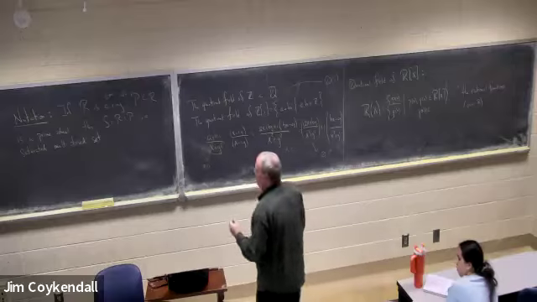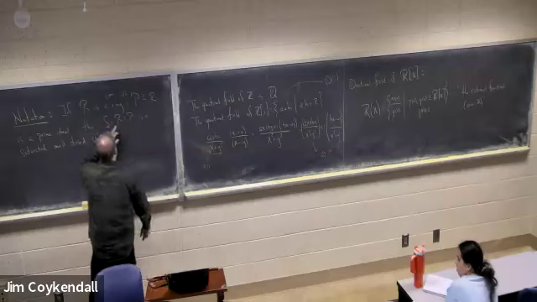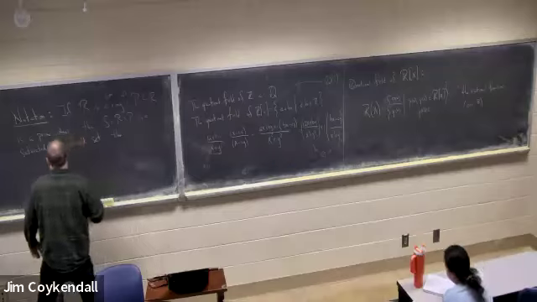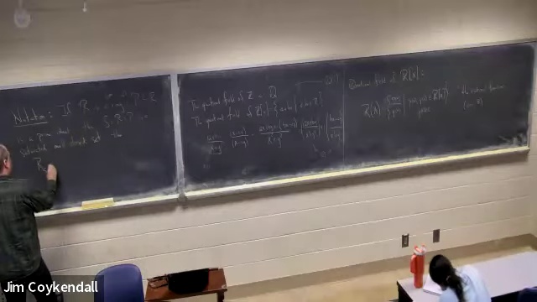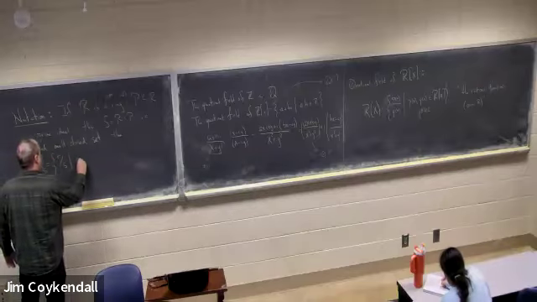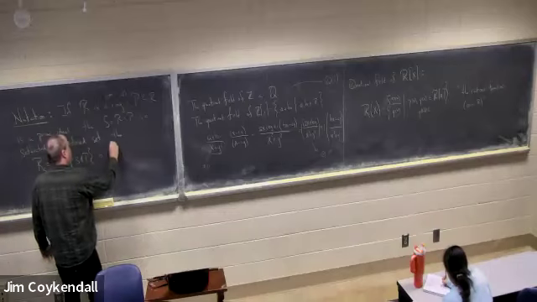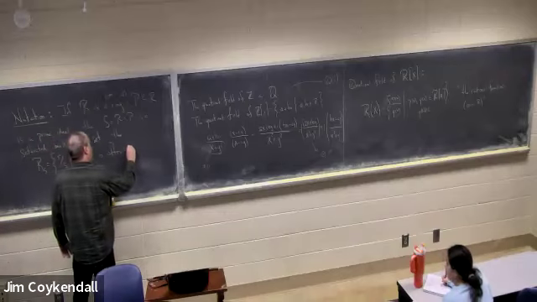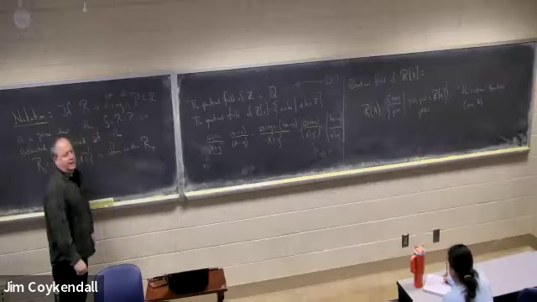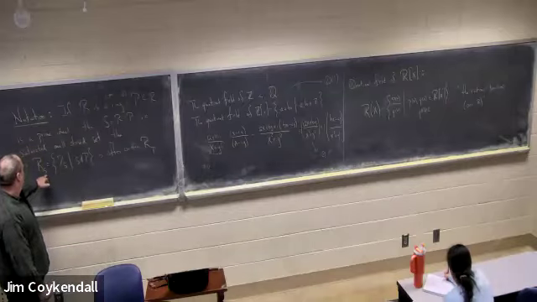But in the special case where it's just one prime, so S is the complement of a single prime, then RS, which is the set of r over s, where s is not in P, is often written R sub P. And I'm sorry, that's awful, right?